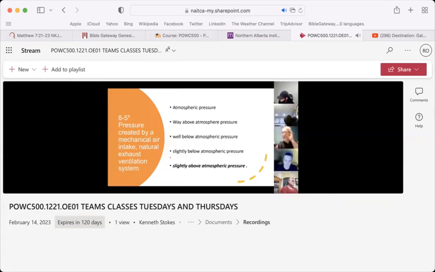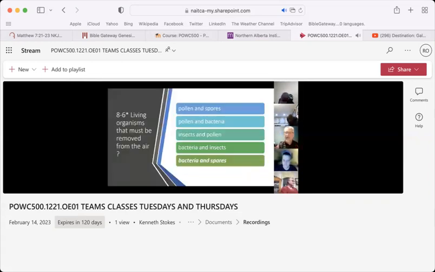Pressure created by mechanical air intake, natural exhaust will be slightly higher because this is a forced draft type situation. We're pushing air into the building, so pressure is going to be higher than atmospheric. Living organisms that must be removed is the bacteria and spores.